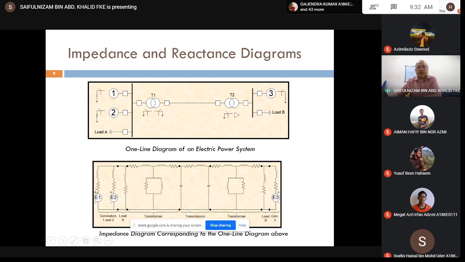So the below is known as the impedance diagram, the simplification of the one line diagram by representing the symbol for each component with its equivalent circuit.